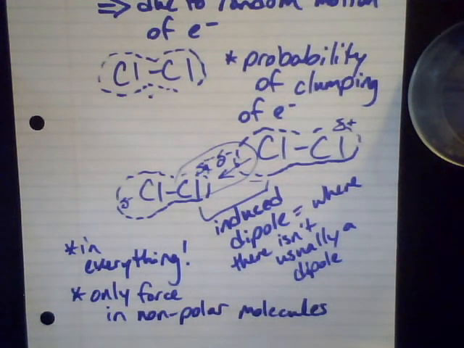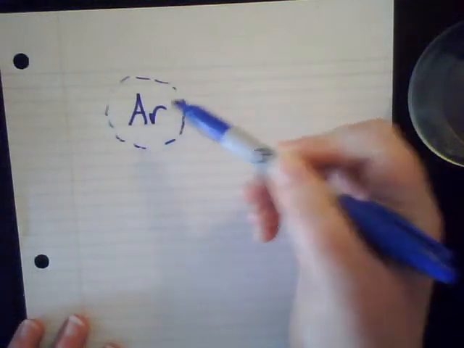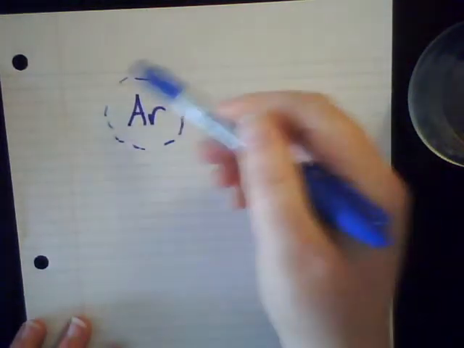Now this can also occur in individual atoms, and this kind of gets us into the noble gases. There is an attraction between noble gases with themselves. If you take argon, for instance, if we're visualizing the electron cloud, we know that the electrons are in orbitals. We know that the electrons have specific energy levels associated with them.